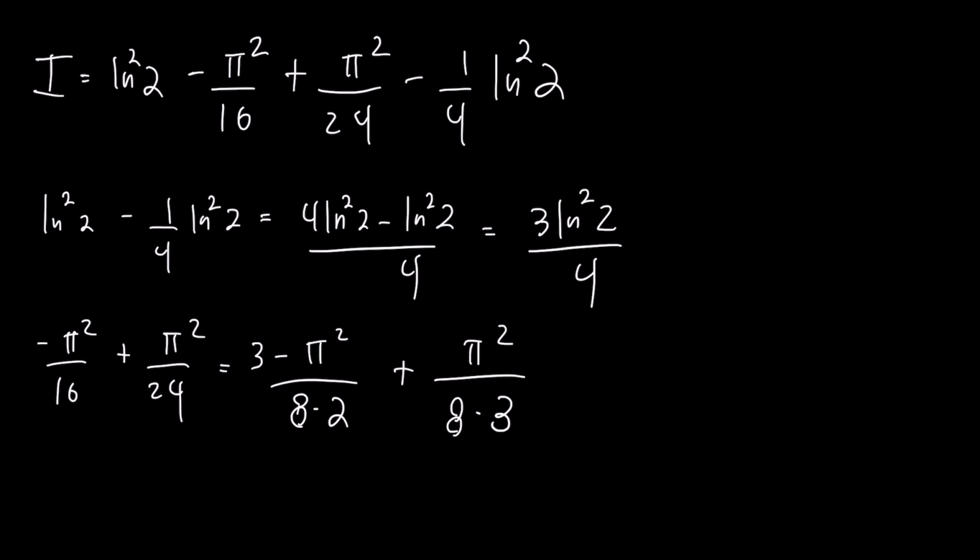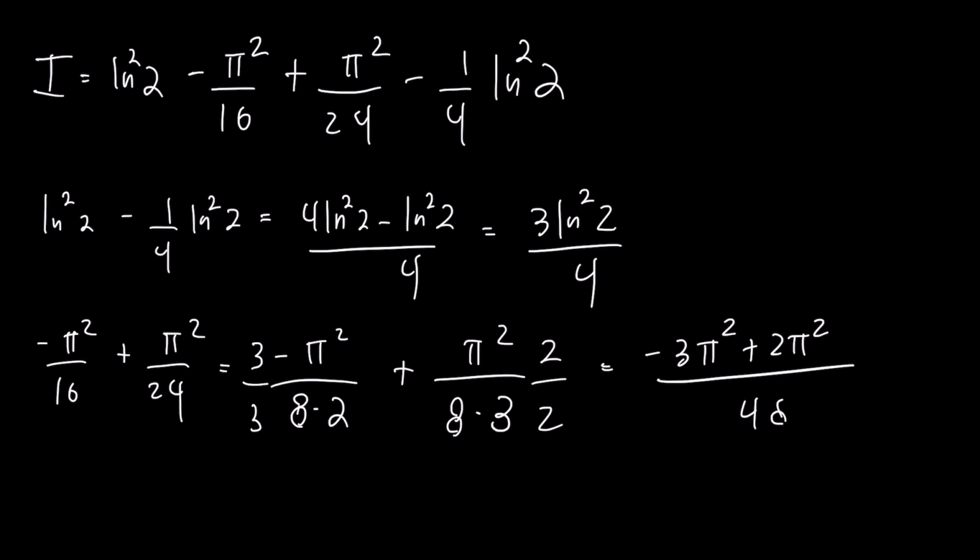So if we multiply 3 here and a 2 here, we'll be left with negative 3 pi squared plus 2 pi squared divided by 8 times 3 is 24, and 24 times 2 is 48. So we're left with a negative pi squared over 48.